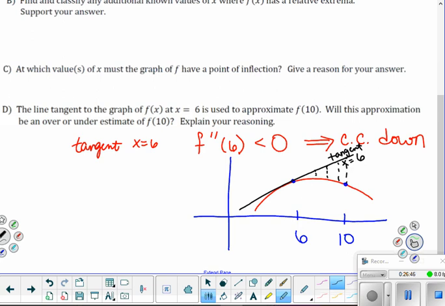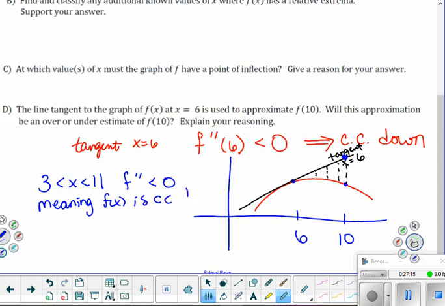If I had used my tangent line to estimate f of 10, there definitely would be some inaccuracy as well as just being an overestimate. So this is on the interval where f double prime is less than 0, meaning f of x is concave down.